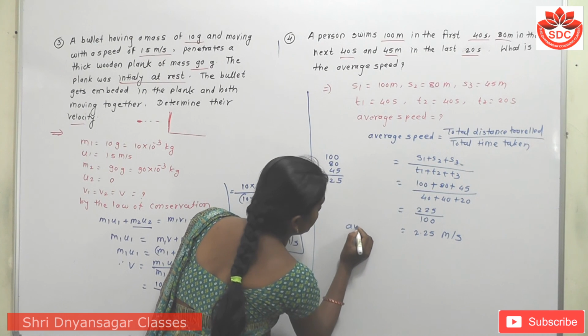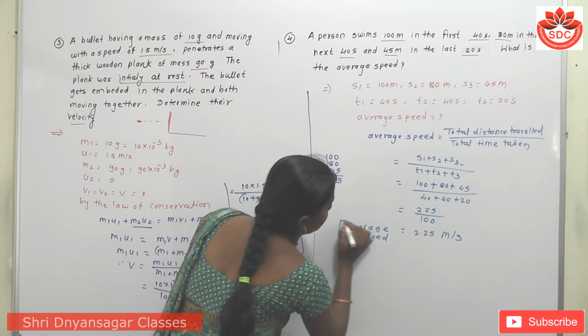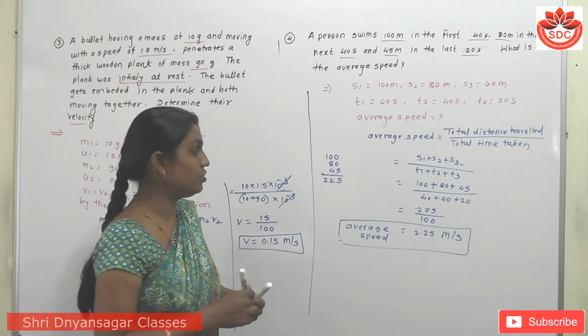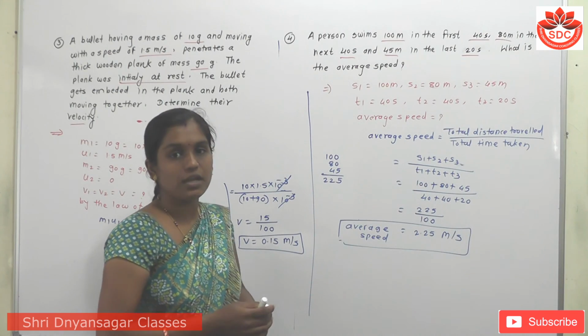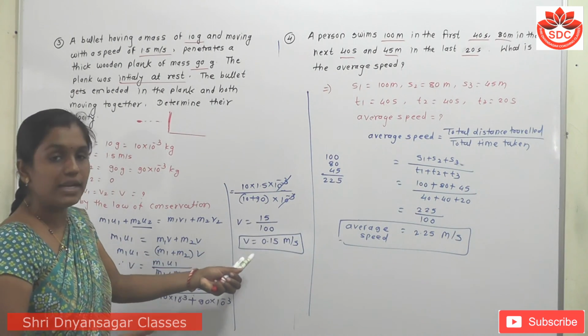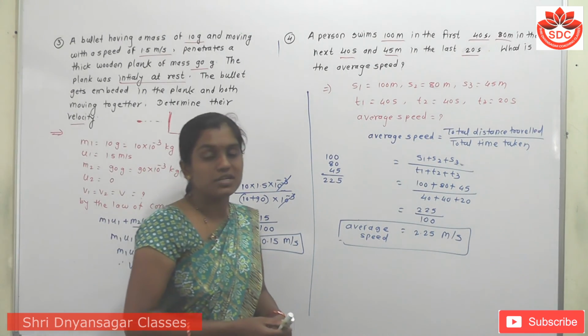So the average speed of that object is 2.25 meters per second. And here the bullet and plank move with the same velocity, and that is 0.15 meters per second.